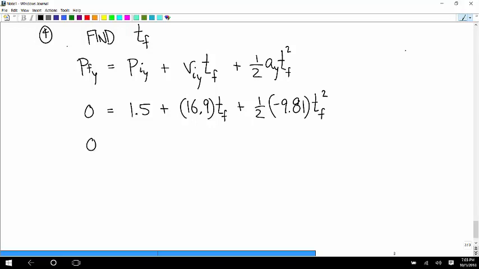And so you get 0 is equal to, I'm going to rearrange this as negative 4.905 TF squared plus 16.9 TF plus 1.5.